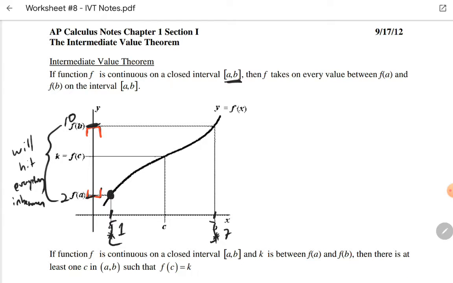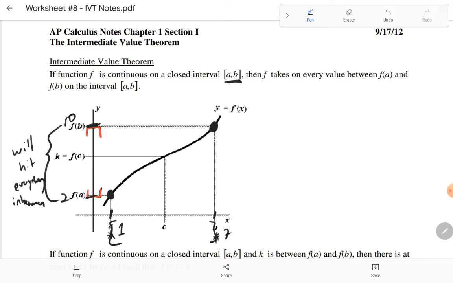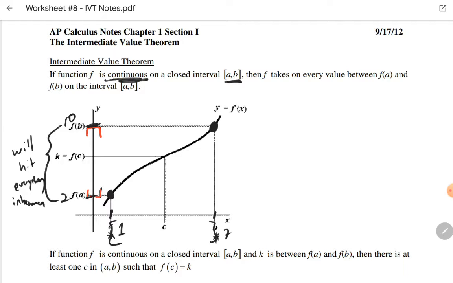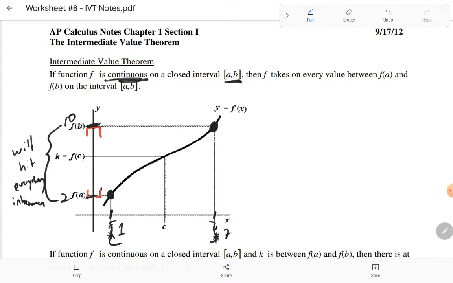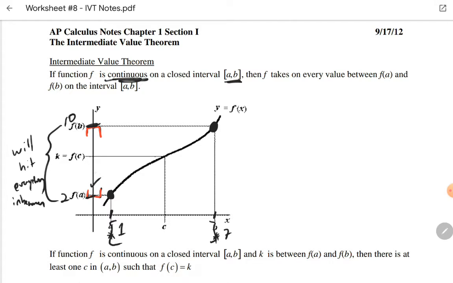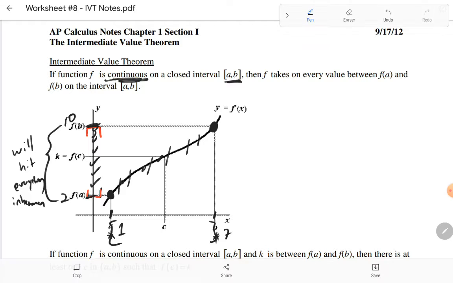So if I know 2 points, and I know that the inside piece is continuous, that's important, they have to say that it's continuous, then all of the y values will exist. So I know 3 exists, 4 exists, 5, 6, 7, 8, 9, 10. I know all of those values exist somewhere on this line for some x value.